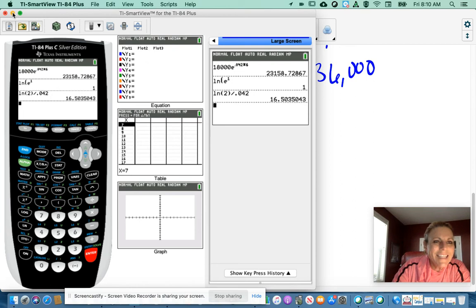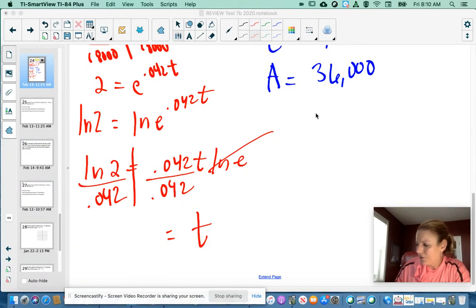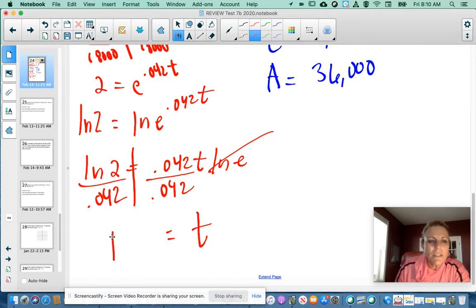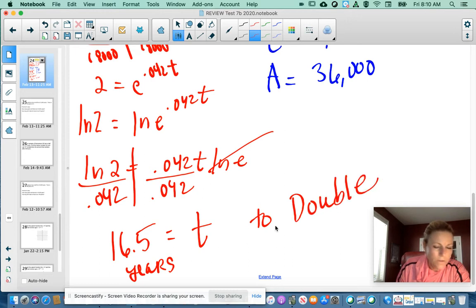About 16 and a half years. That's my calculator. 16 and a half years it's going to take to double Fred's money.